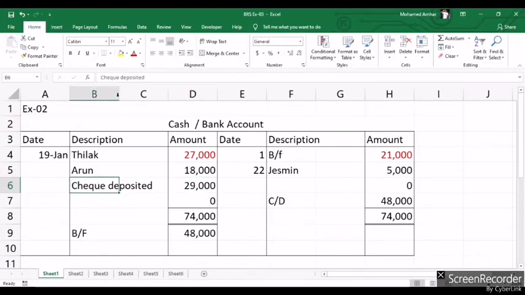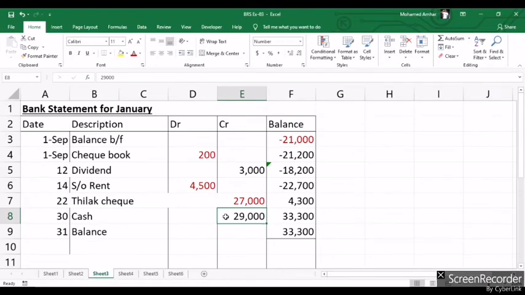This is cash deposited. Right, I'll change this as cash deposited. Right, 29,000. So this 29,000 is there, and in the statement also that 29,000 is there.